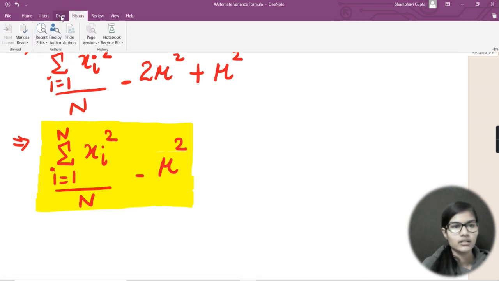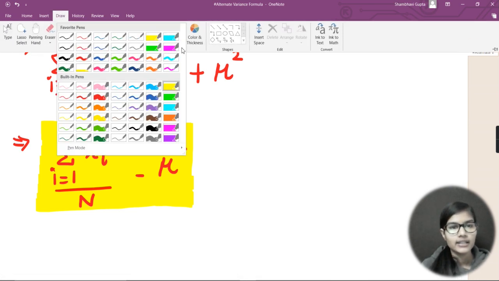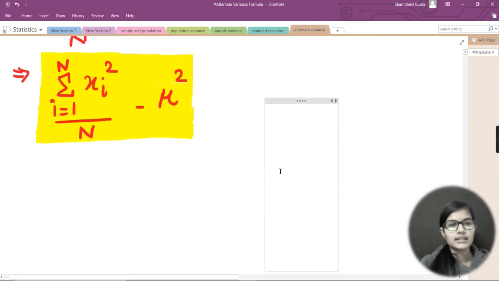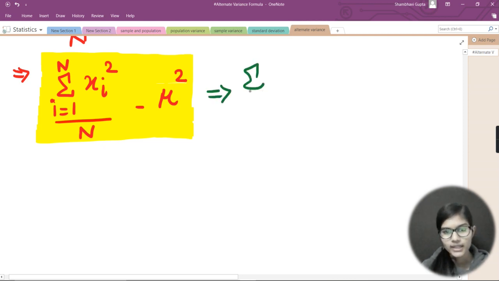Now let me take this green color, okay? Just let me know one thing: just a few seconds before I told you the formula for mu square, right? So we can convert this and write it in a form like sigma.